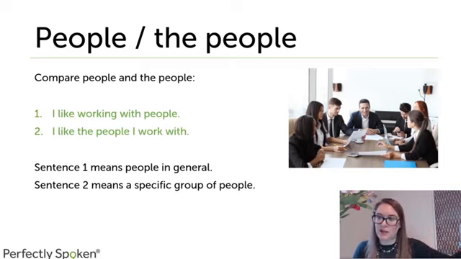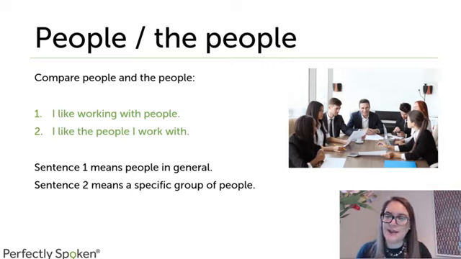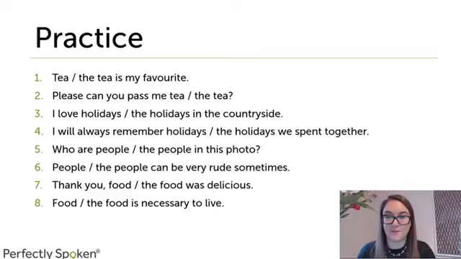So not anybody, I'm talking only about the people in my office, the people in my team. So when we're talking generally, again, no article. When I'm talking about a specific group, then I need to use an article. Again, the best way is for us to practice, so let's have a look at the next slide.